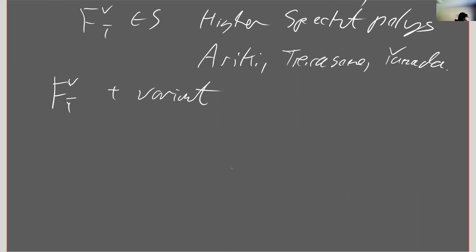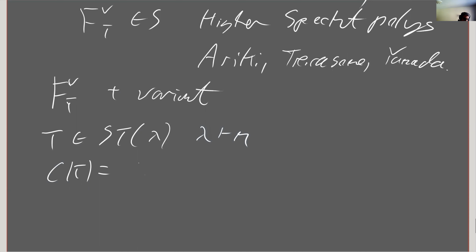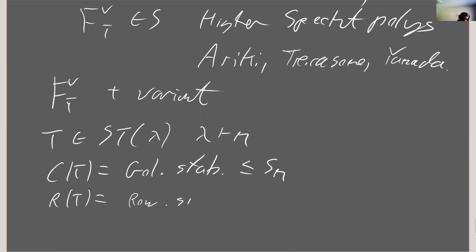All right, so let's let T be a standard tableau of shape lambda, where lambda is a partition of n. Okay. Then C of T is the column stabilizer. Okay, so it's a group that stabilizes the columns. It's a subgroup of Sn, and R of T is the group that stabilizes the rows. Okay, it's a subgroup of Sn.